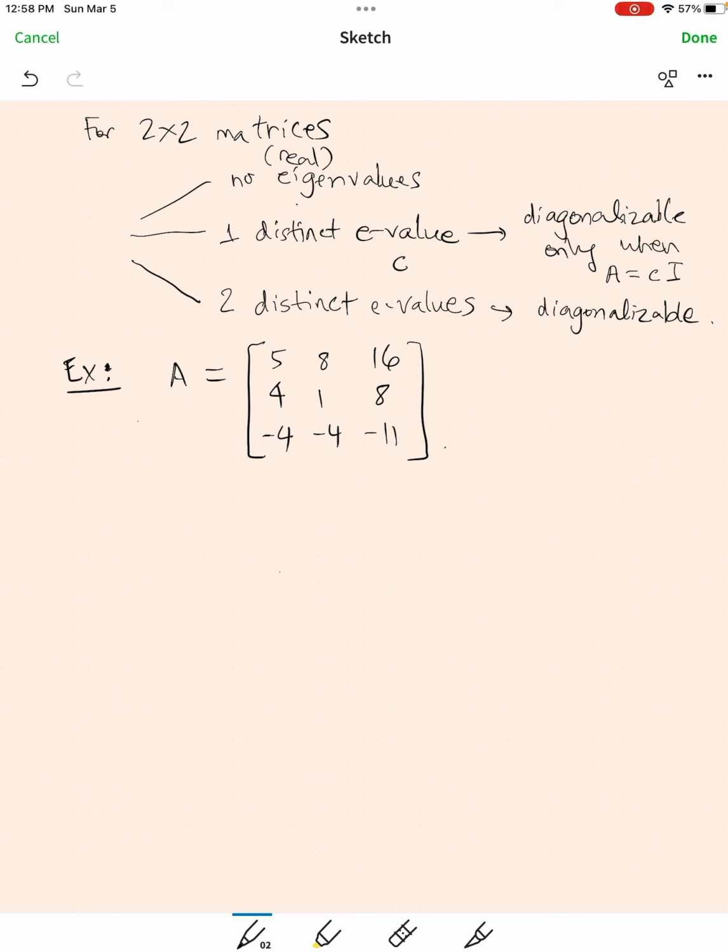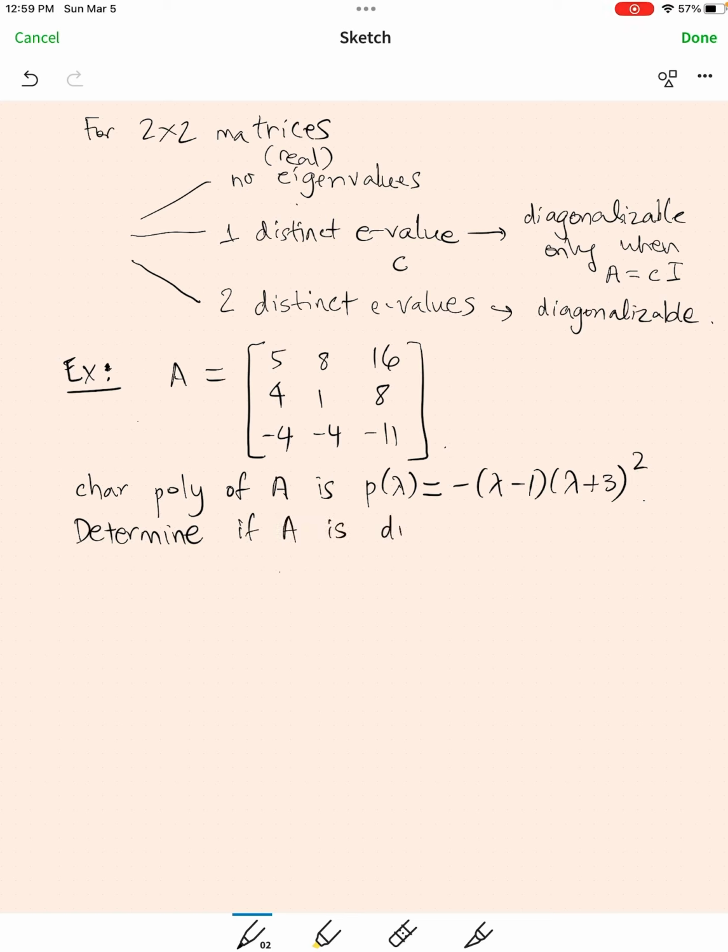And you're given that the characteristic polynomial of A, P of lambda, is negative parentheses lambda minus 1 times lambda plus 3 in parentheses squared. And then the question is determine if A is diagonalizable.